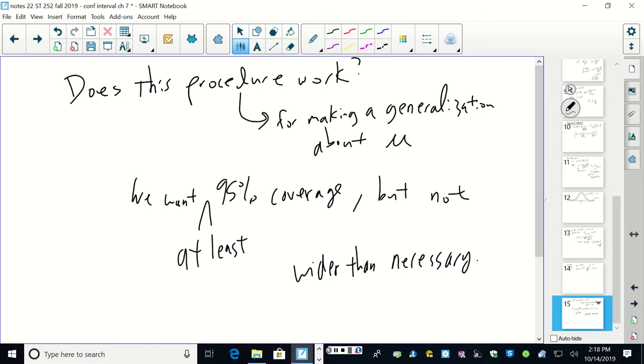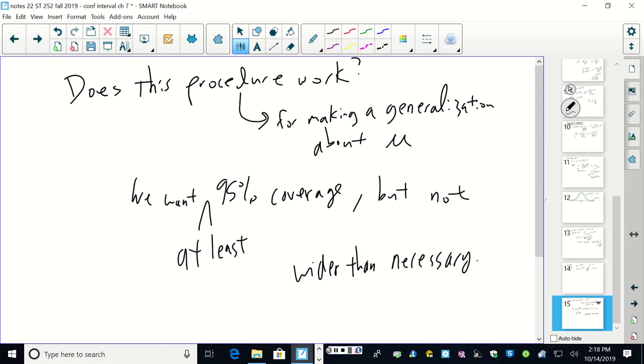If you generated 10,000 data sets from a chi-square, which is skewed, or from a binomial, which is discrete, for a certain sample size, and at least 95% of the intervals covered, it would meet that first criterion. Generally these are pretty good, because tying something to the actual sampling distribution is usually pretty good.